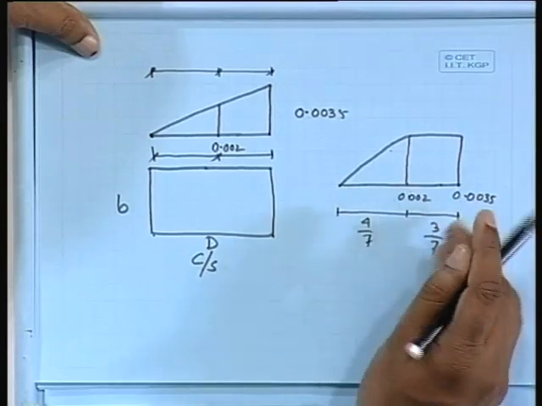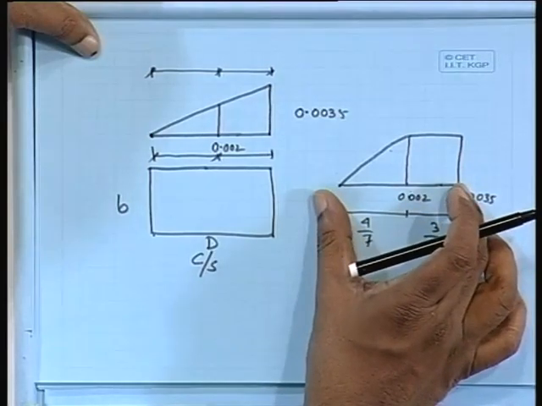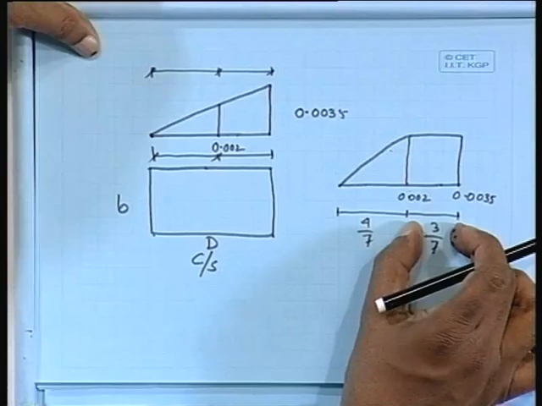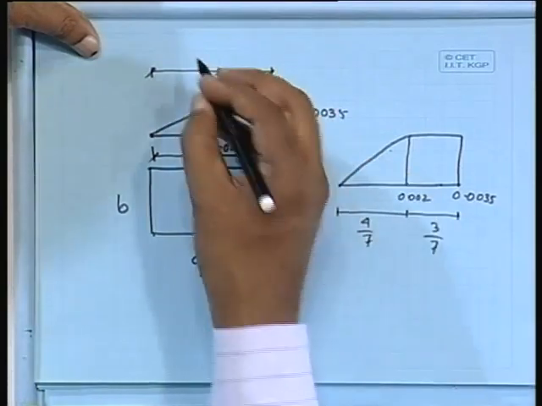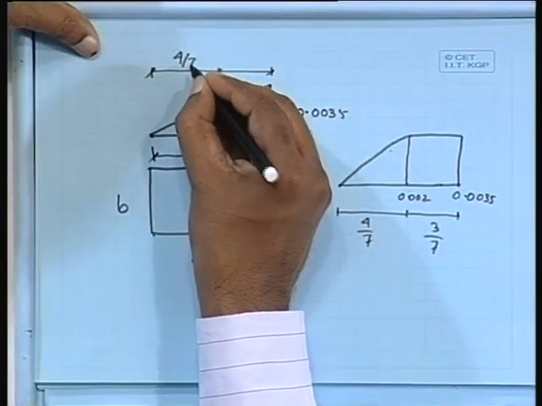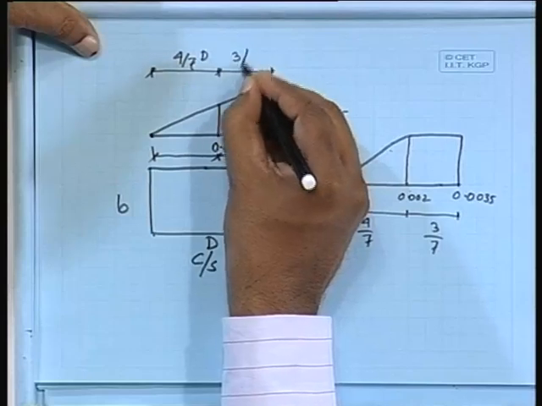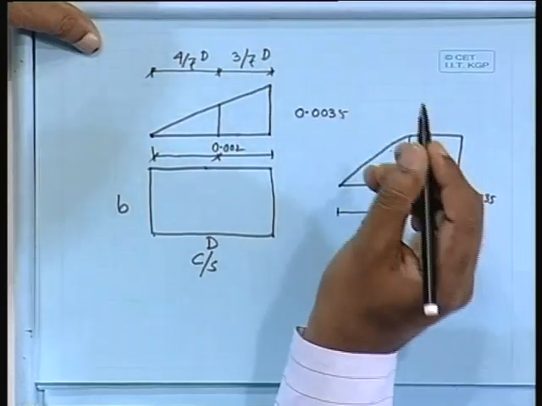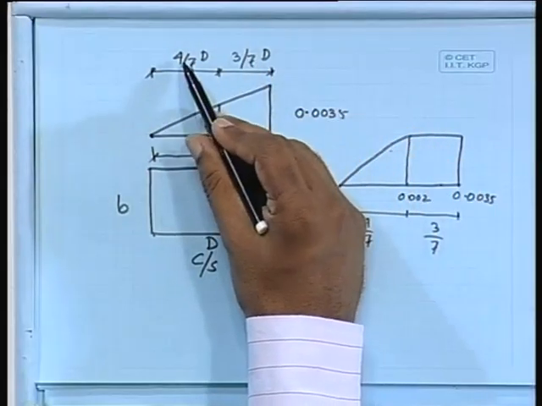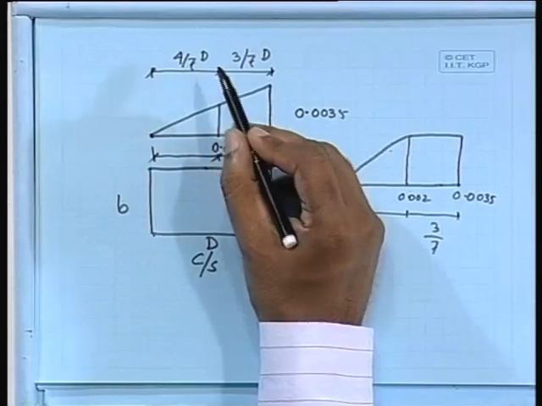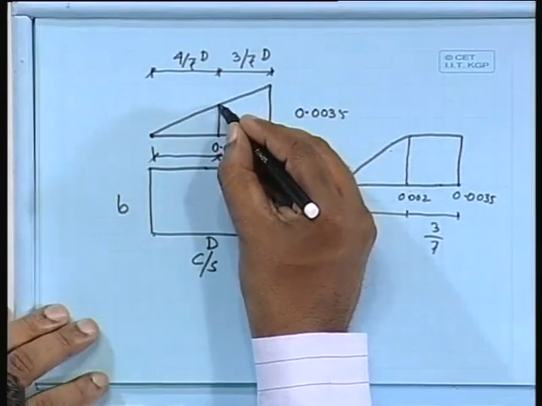So, this portion is nothing but 4/7, and this one 3/7. In other words, I can say this is 4/7 of D and this is 3/7 of D. So, we can have this one.